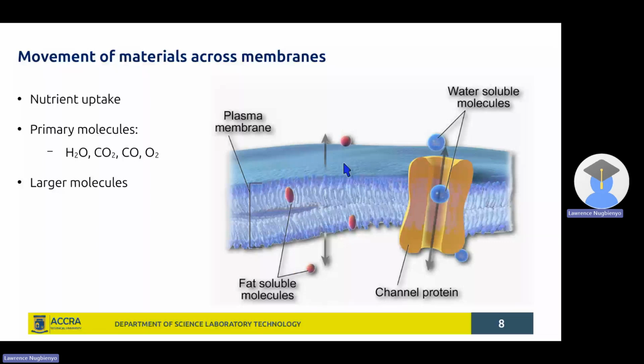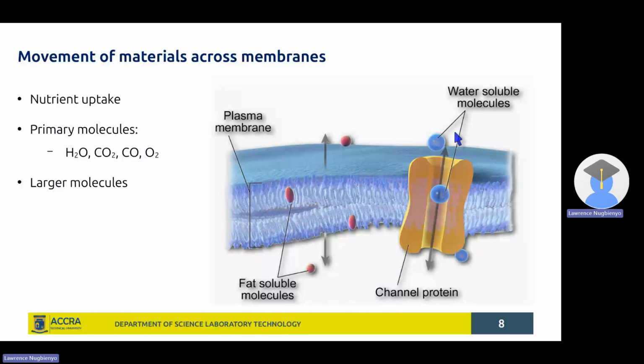And so you have some channel proteins that are involved in the movement of, say, water molecules across it. We'll zoom in on the mechanism of movement of water molecules across these types of channels much more closely.